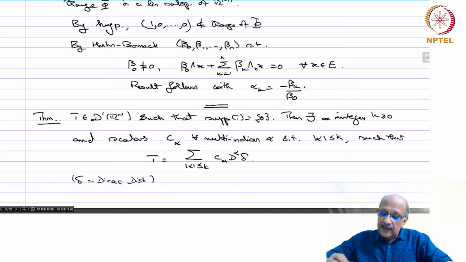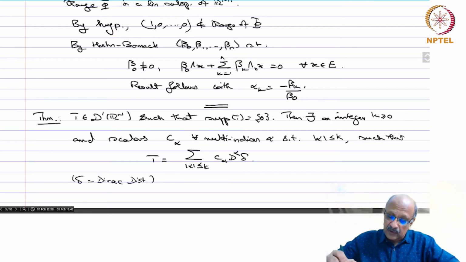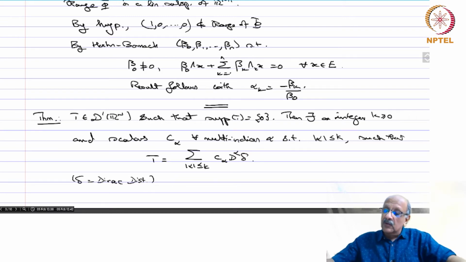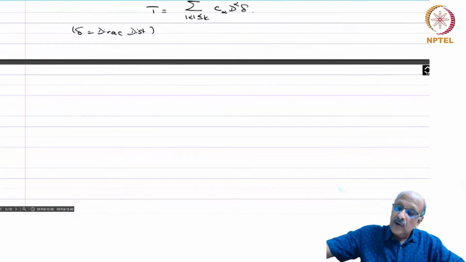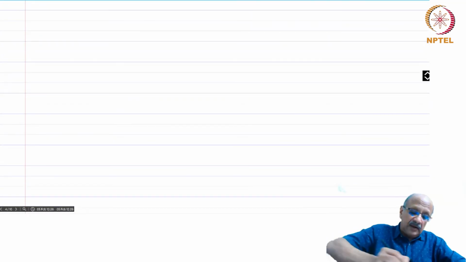So we saw that linear combinations of the Dirac and its derivatives have support {0}. Now we are proving the converse, namely if you have support equal to the singleton 0, then it must be only a linear combination of the Dirac and its derivatives.